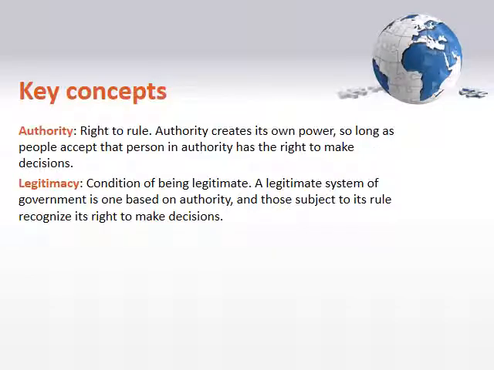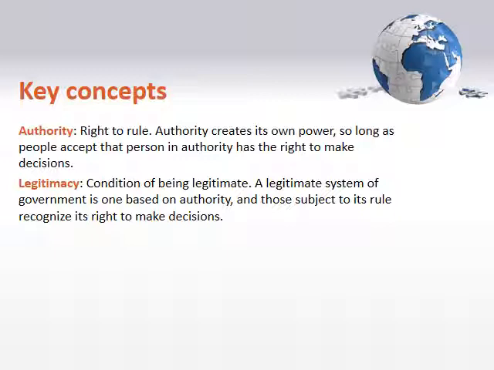A few concepts here that are important as related to power and politics are authority and legitimacy. So authority is about who has the right to rule. Which person or organization has the right to make decisions, who is seen as in charge. And this is closely related to the concept of legitimacy.